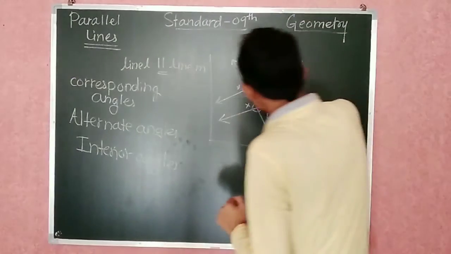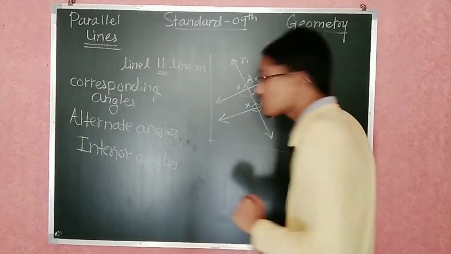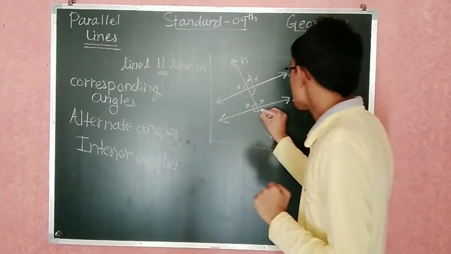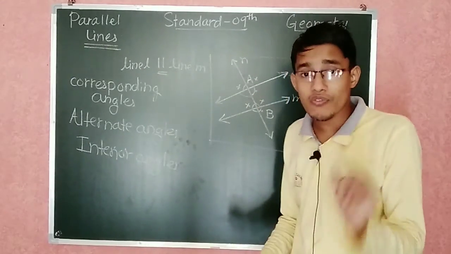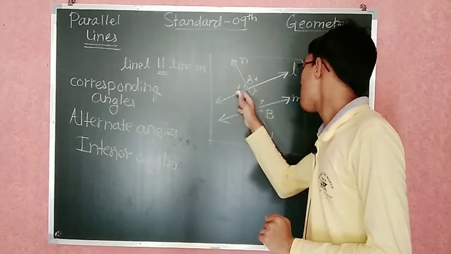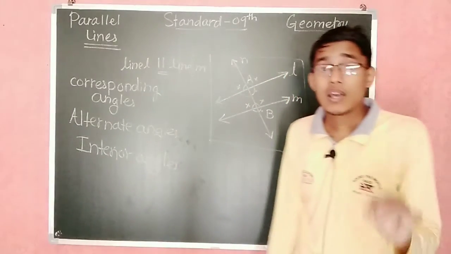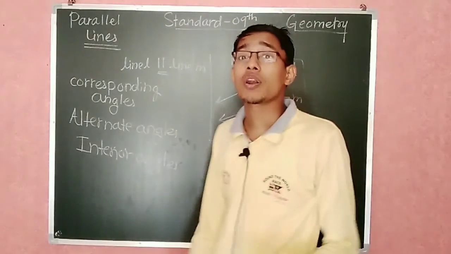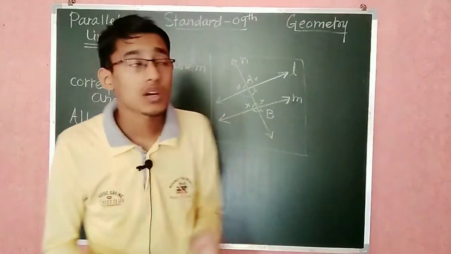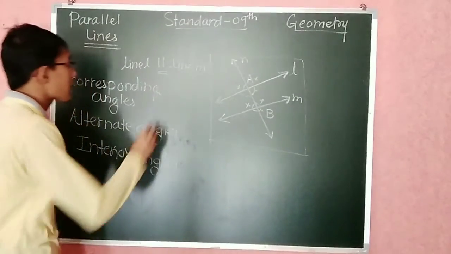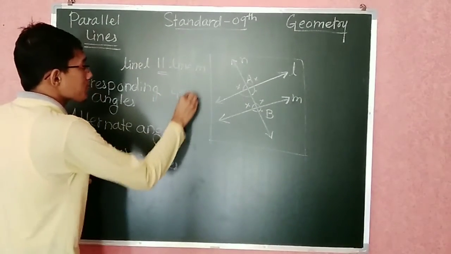Again, this and this are also corresponding angles, and this and this are also pairs of corresponding angles. So four pairs of corresponding angles are created when a transversal intersects two parallel lines. How many pairs? Four pairs.